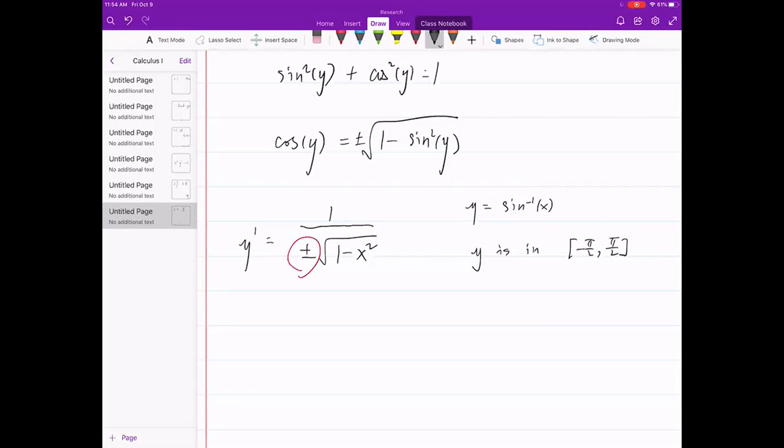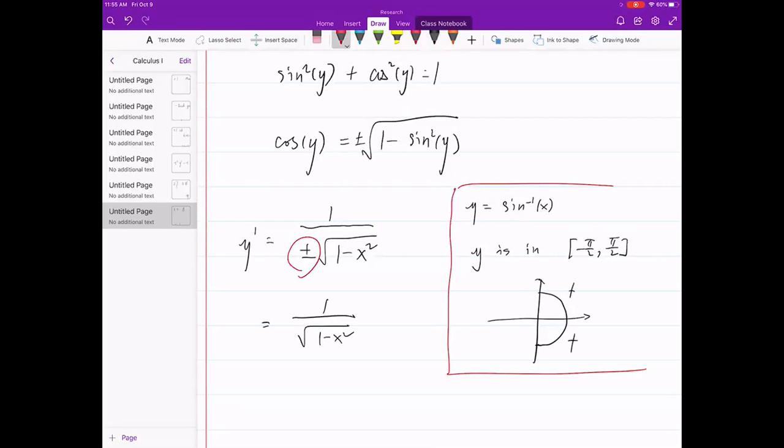And with that in mind, what do you think cosine y will be? It's going to be positive no matter which quadrant you're in. You only have two options. They both give you positive. So we can finally say this is this, due to the fact we do have a restriction on our y by definition of sine inverse.